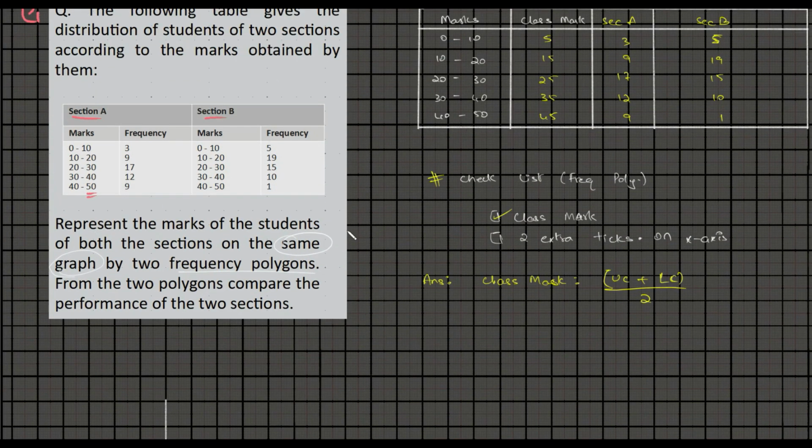So let's do the graph now. For that we need a graph sheet. We have a graph sheet over here. Let's start with our x and y axis. So we are looking at 0 to 50 along the x-axis.